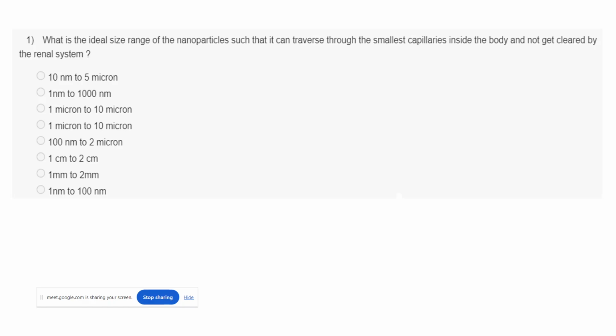What is the ideal size range of nanoparticles that it can traverse through the smallest capillaries and not get cleared by the renal system? 1 nanometer to 100 nanometer. 1 to 100 nanometer. Okay. Anybody else?